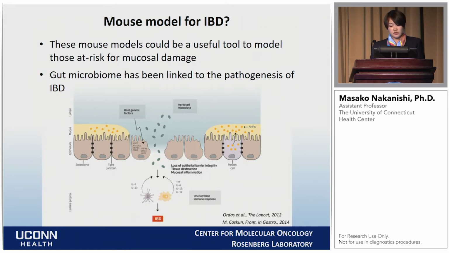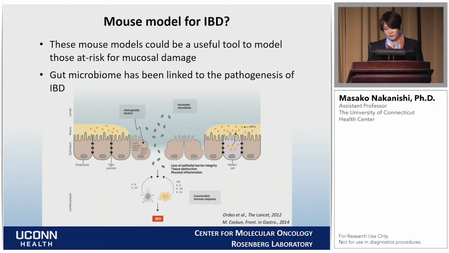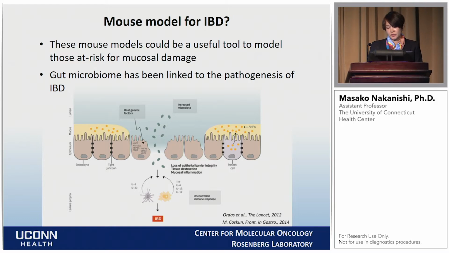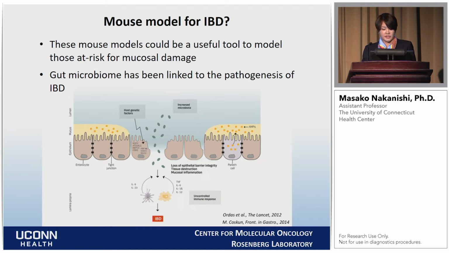So having these mouse models, one is sensitive and one is resistant to colonic inflammation, we thought that they can represent human populations for sensitivity to mucosal damage, and also susceptibility to the clinical conditions such as inflammatory bowel disease. As part of a characterization of these mice, we examined the gut microbiome because dysbiosis has been linked to the pathogenesis of IBD.